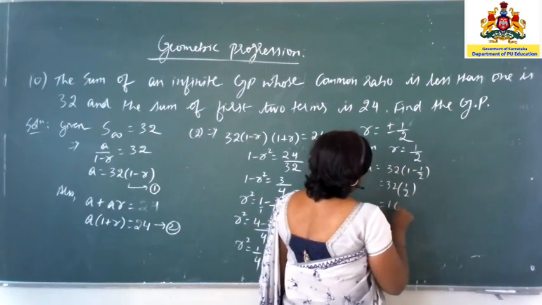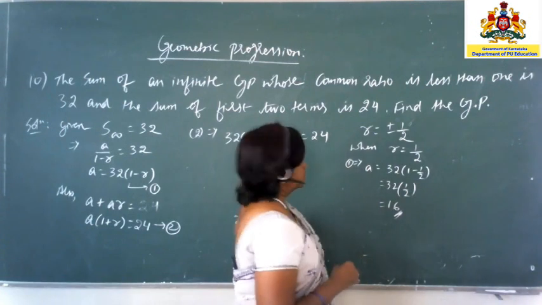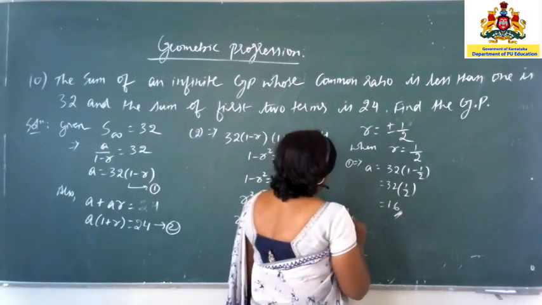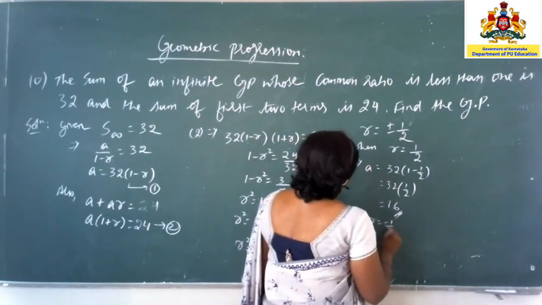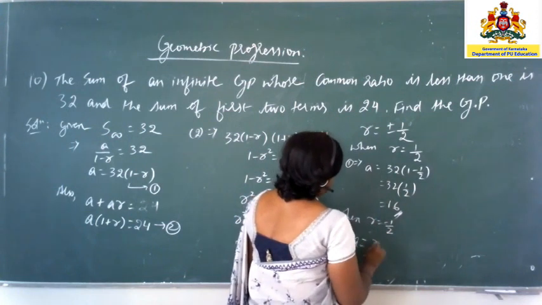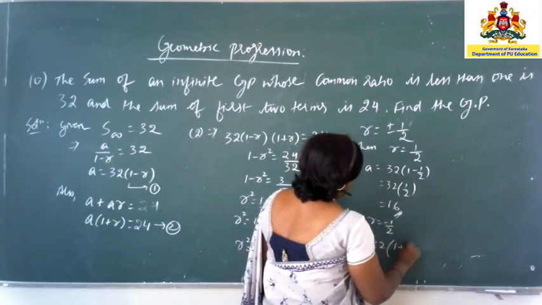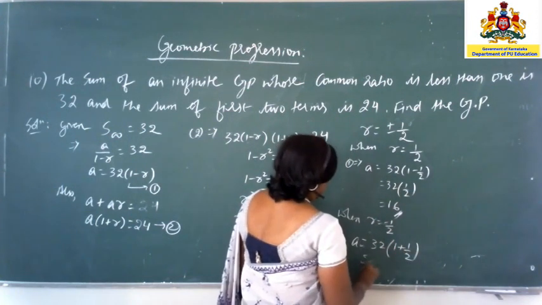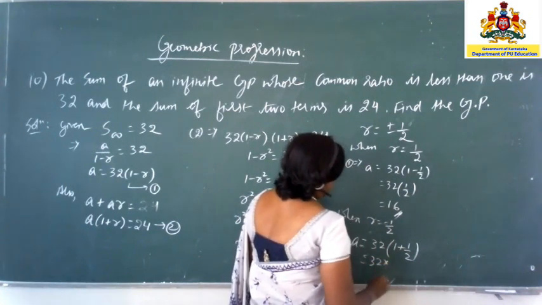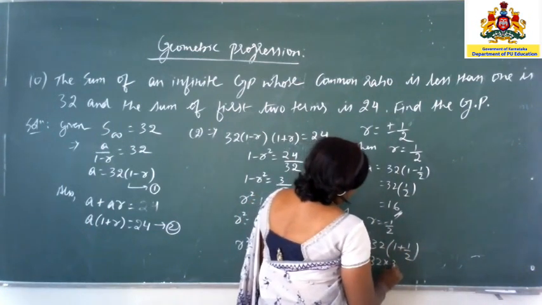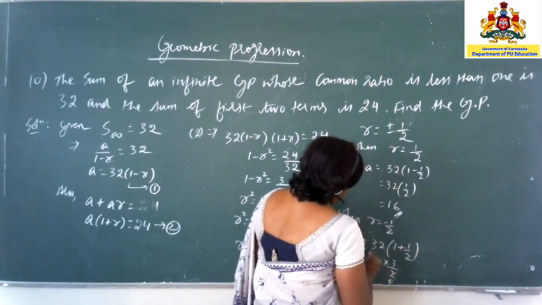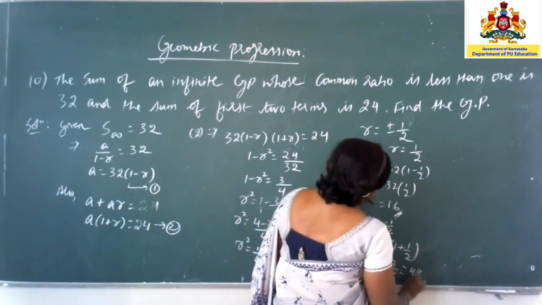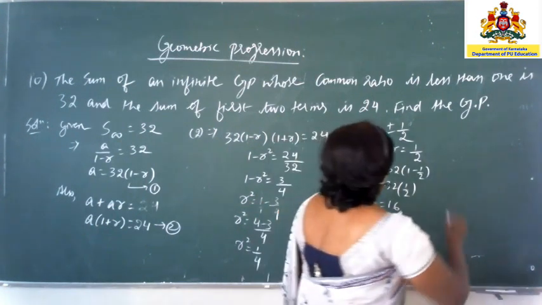So that is equal to 16. So when R is equal to minus 1 by 2, A is equal to 32 into 1 plus 1 by 2. So 32 into 3 by 2, one is a 16, there is a 48.